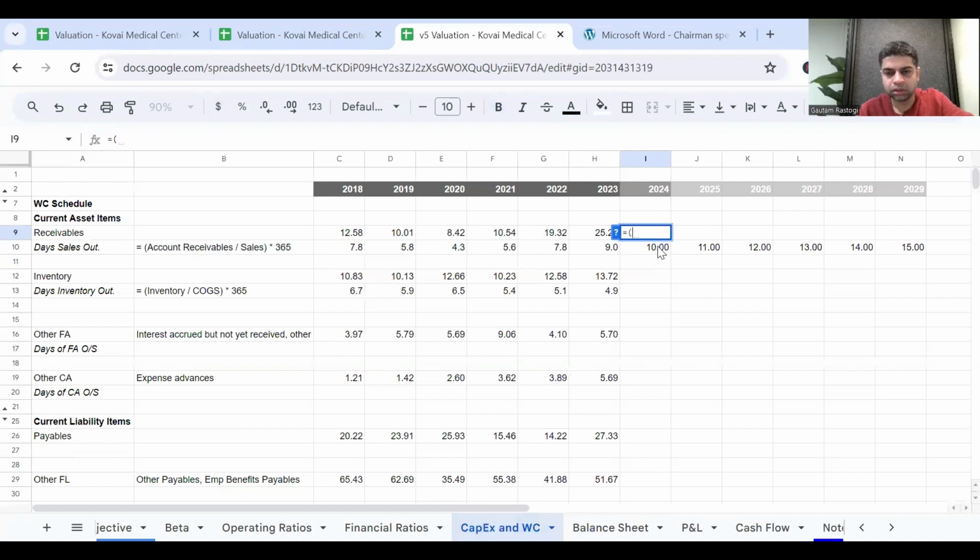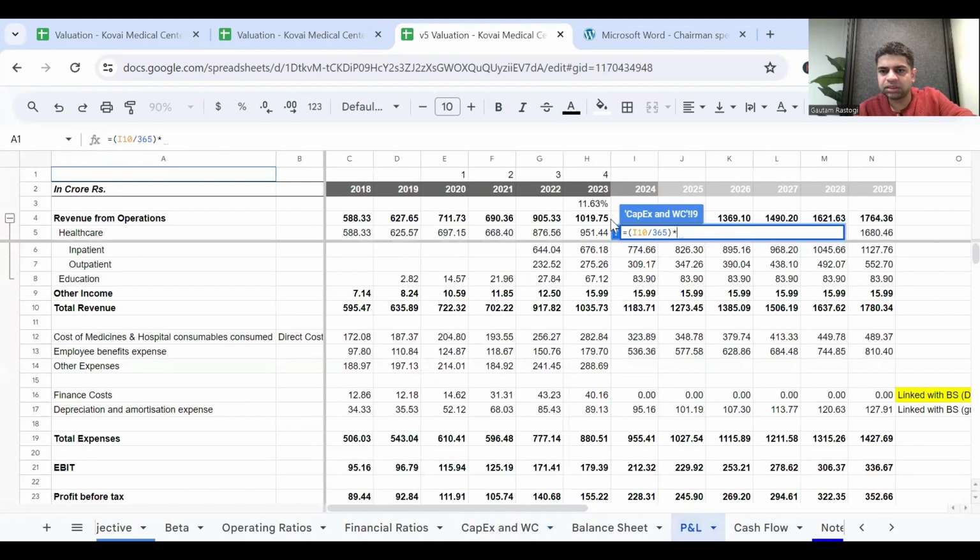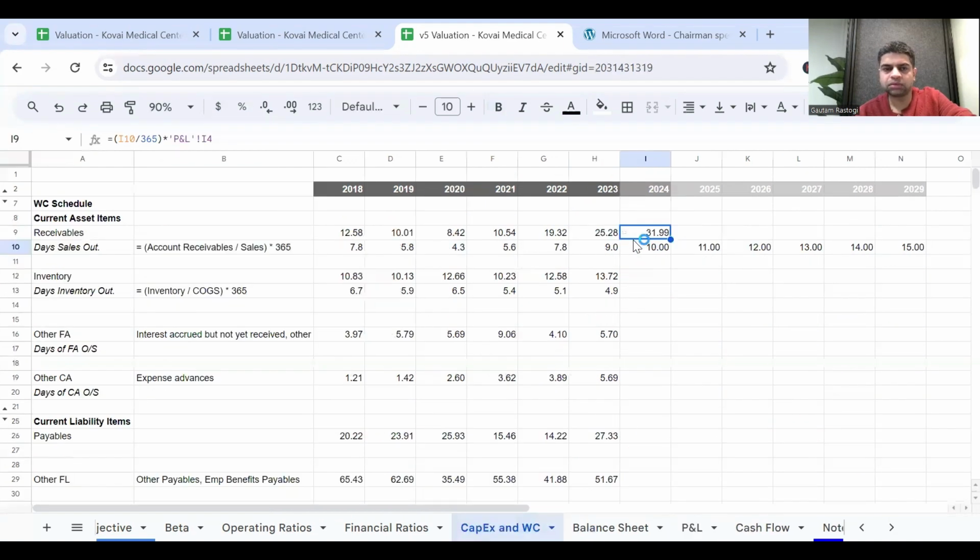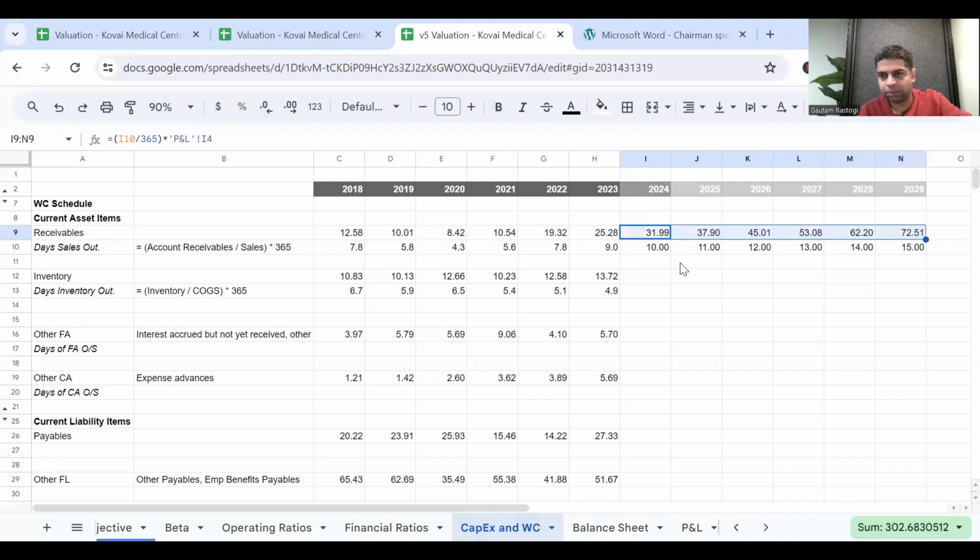How do we do that? Receivable days outstanding divided by 365, times the sales. Now let's drag this. So this is the receivables.